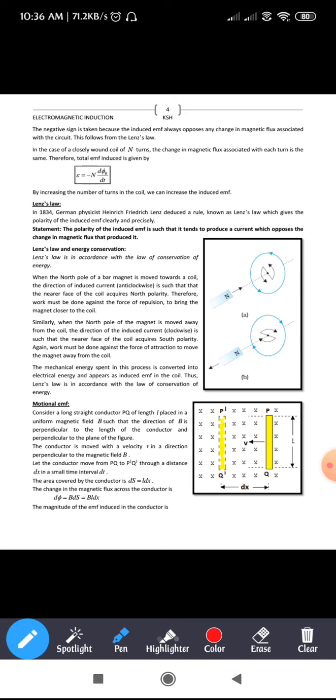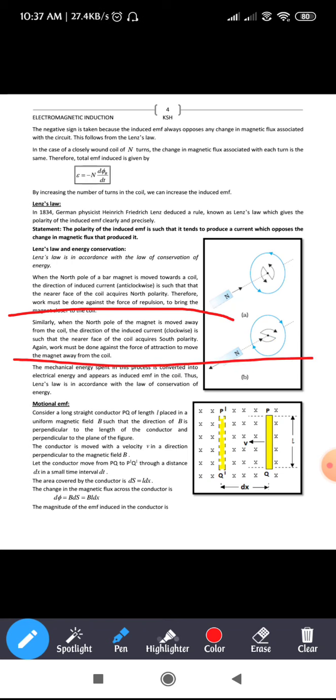In your examination they are going to ask about Faraday's law, either the first law or the second law, or they can ask about Lenz's law. Just go through this. They don't ask for the explanation of how this coil took north polarity or how it acquires south polarity.